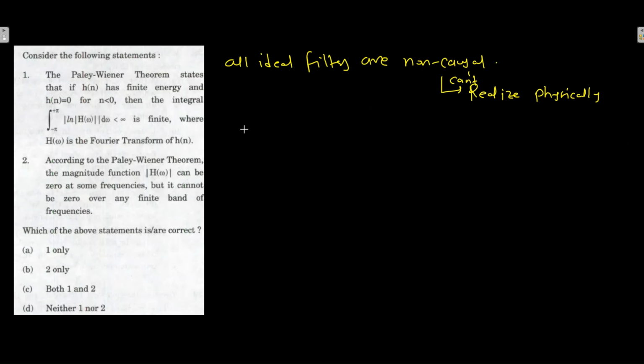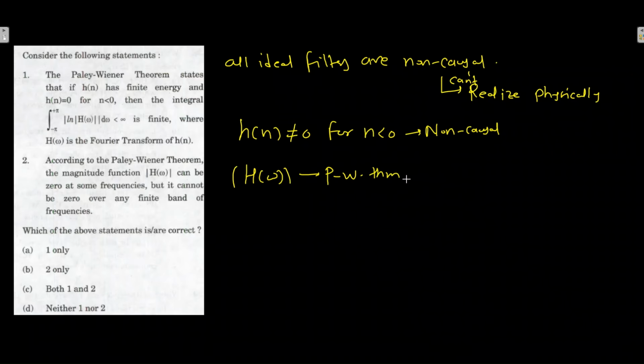Now see, if we know h of n is not equal to 0 for n less than 0, then we know that this system is non-causal. In this case we can't do anything. But suppose we know H of omega, and if this H of omega satisfies the Paley-Wiener theorem, then we can choose theta, that is your phase.